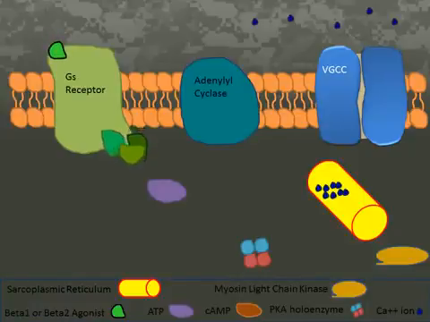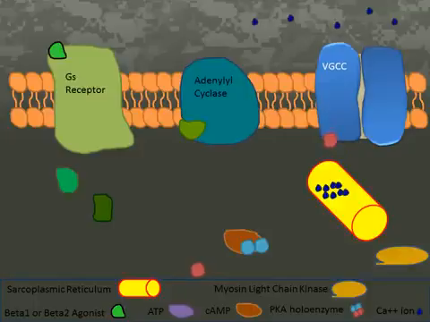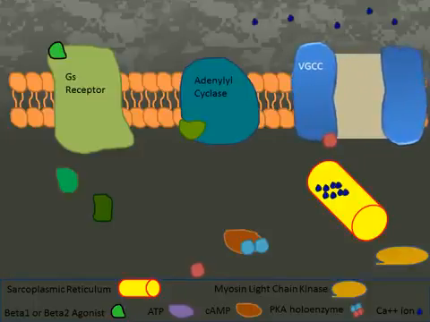In cardiac muscle, increasing adenyl cyclase results in cyclic AMP derived from ATP, which activates cyclic AMP-dependent protein kinase A. Protein kinase A phosphorylates the L-type voltage-gated calcium channels on the membrane, which results in an influx of calcium.